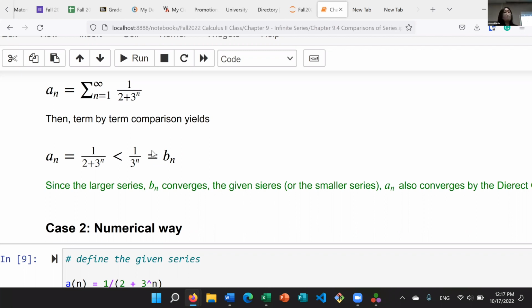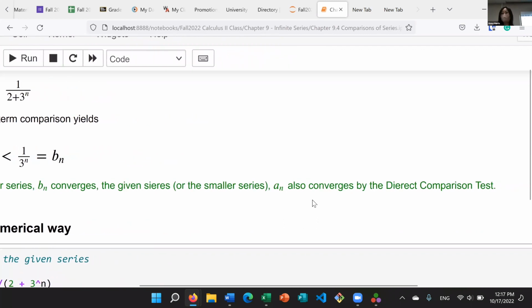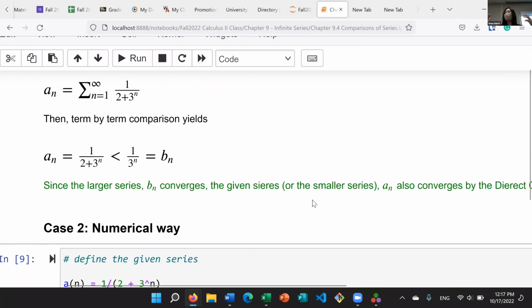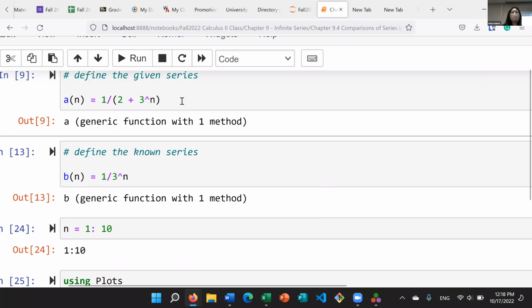Since the larger series converges, the given series, which is the smaller series, also converges by the direct comparison test. This is the algebraic way, if you want to do your exam that way. But if you say you'll stick with the numerical way, then this is what you have to do. First thing, I'm going to define y.